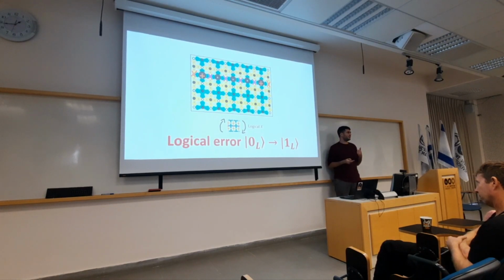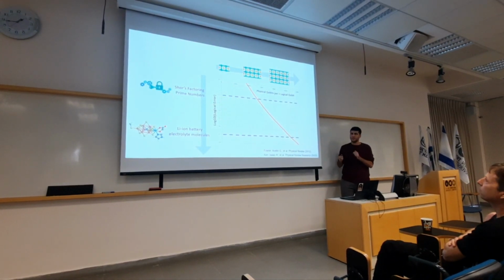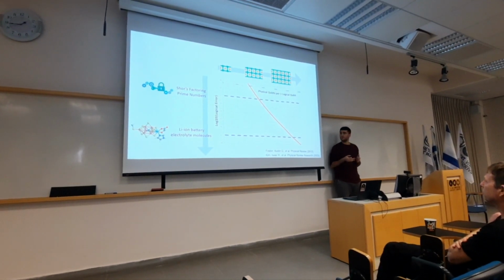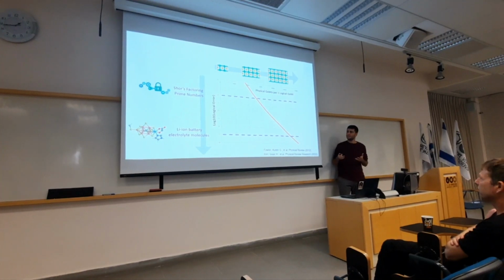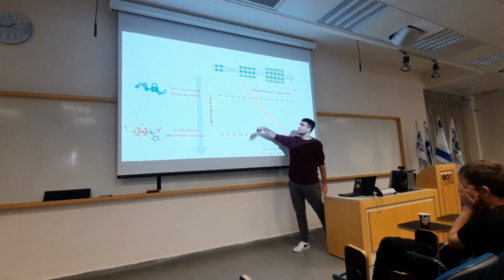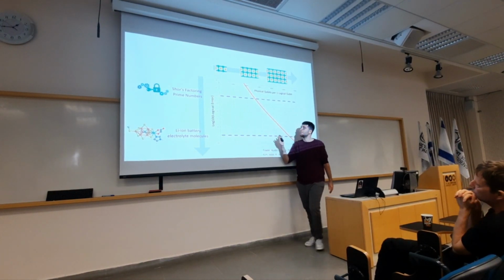And now to return to the first slide of applications. Now we have this architecture to implement quantum error correction, which is good enough for breaking encryptions and simulating molecules. So we need a 10 to the minus 12, 10 to the minus 17 error rate, which is very, very small.